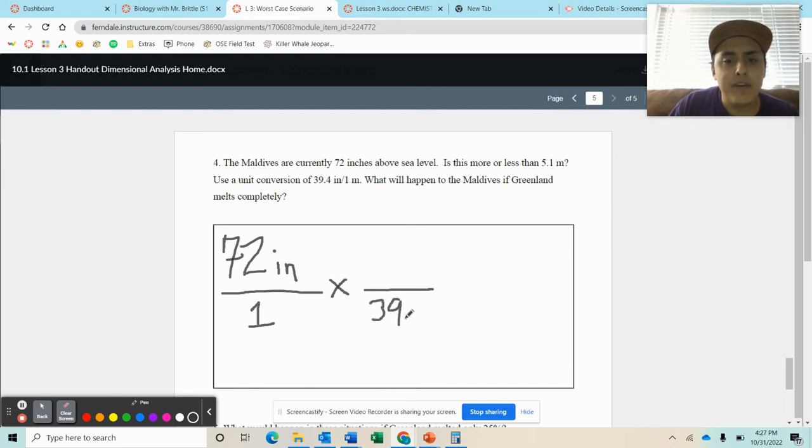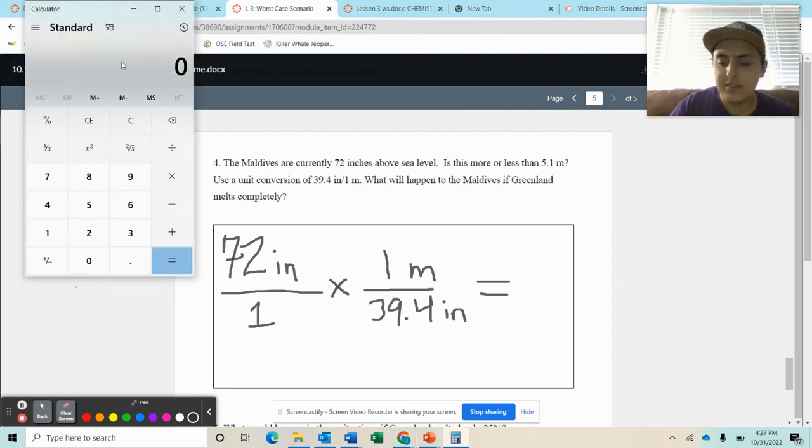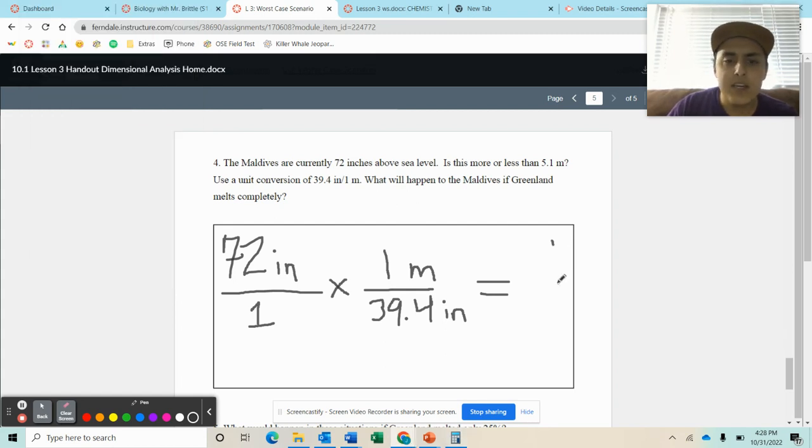So 39.4 inches is equal to 1 meter. If we were to calculate that, let's throw up our calculator. 72 divided by 39.4 is 1.8. So basically 1.8 meters.